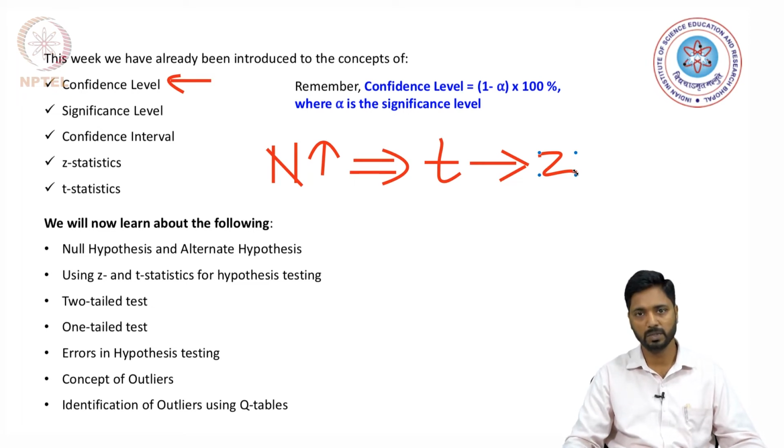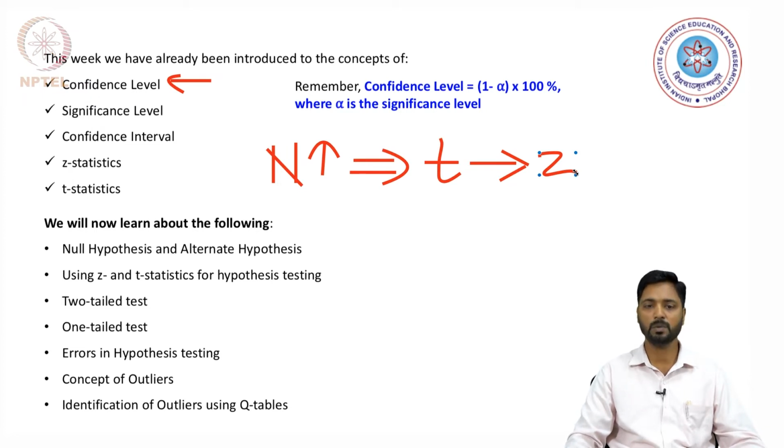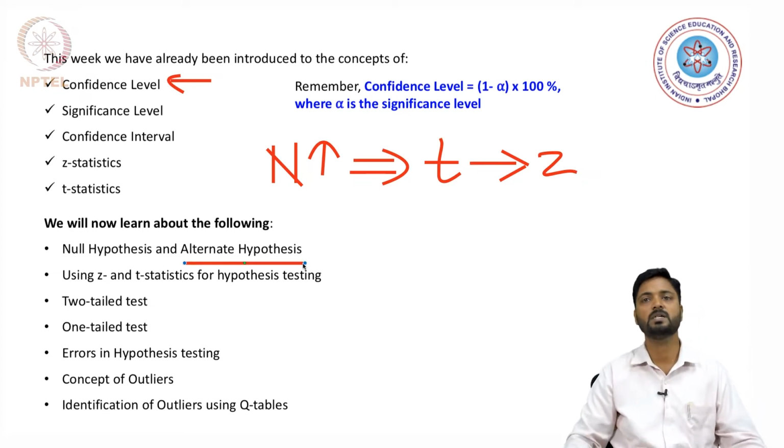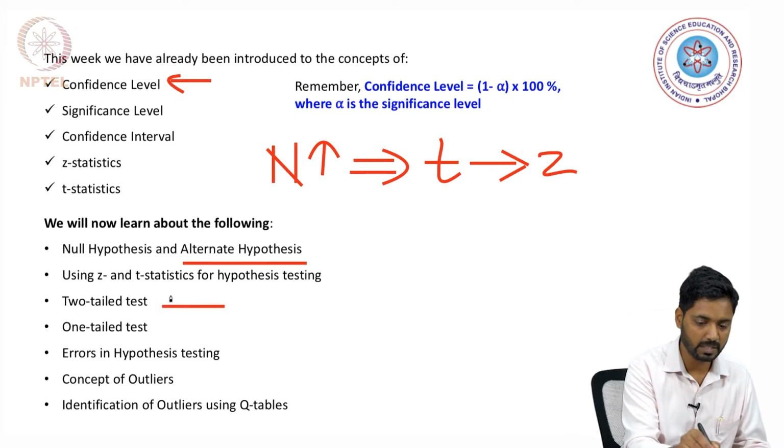discussing what we will be covering in this lecture 2. We will be talking about the null hypothesis and the alternate hypothesis, and we will see how Z and T statistics can be used to test the hypothesis in our hand. We will also understand how the alternate hypothesis dictates which of the two tests, the two-tailed test or the one-tailed test, is to be applied.